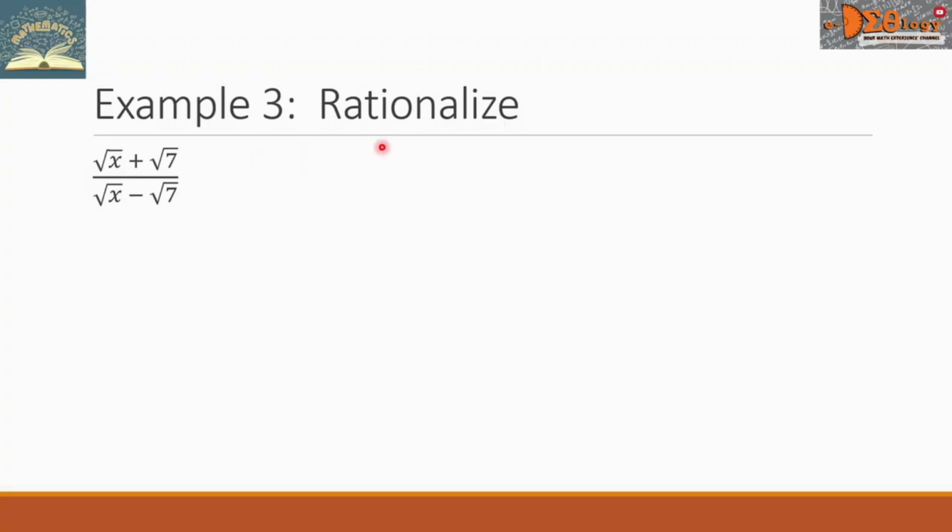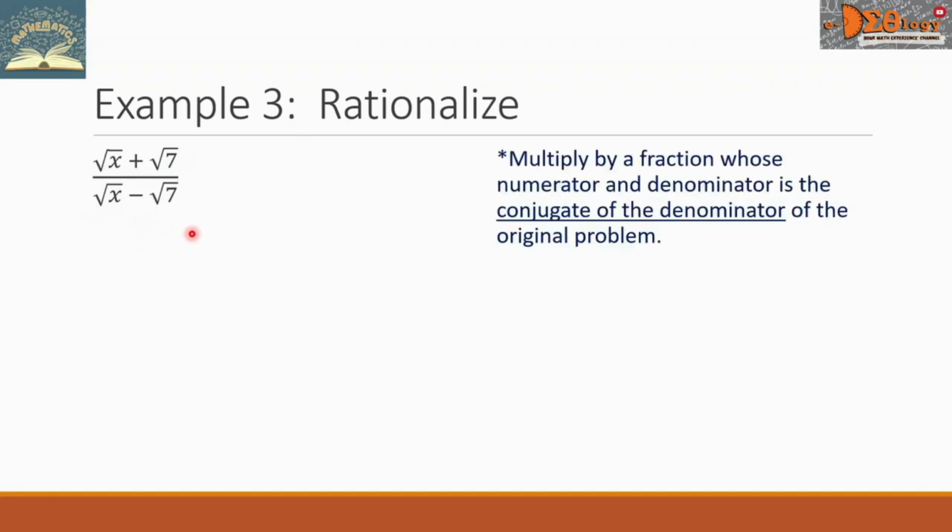Example 3. Rationalize square root of x plus square root of 7 all over square root of x minus square root of 7. In our rule, we're going to multiply this fraction by a fraction whose numerator and denominator is the conjugate of the denominator of the original problem.